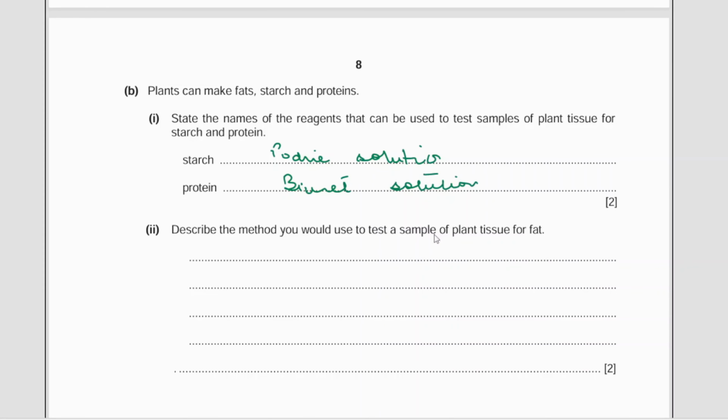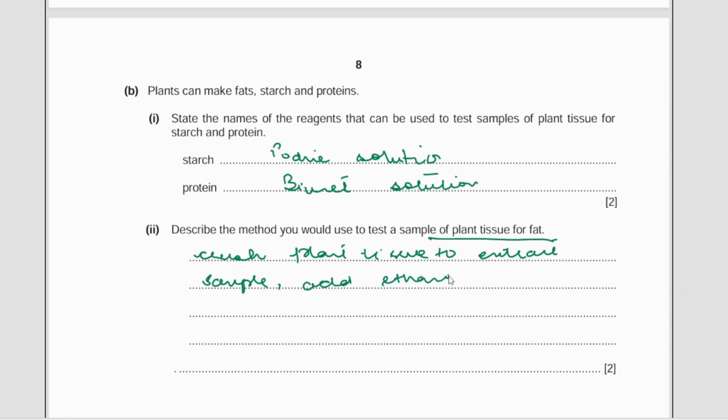How do we test a plant tissue for fats? You have to give a complete method. Add ethanol and then shake it to mix it up, and then add water and shake it.